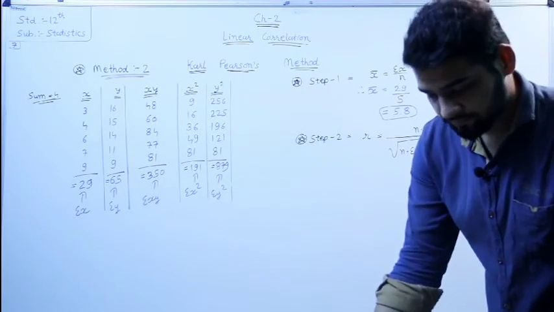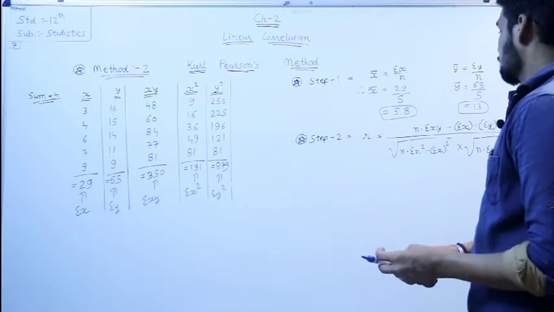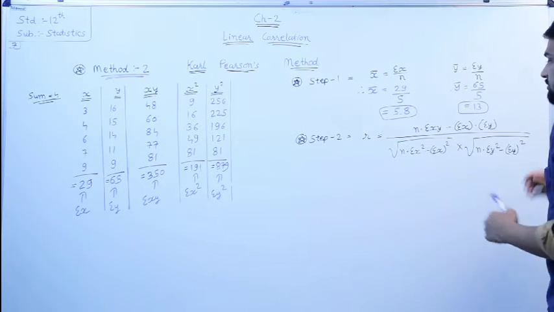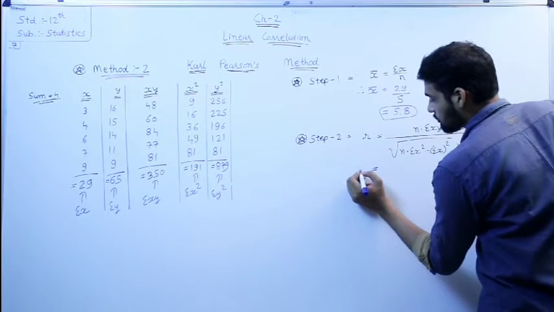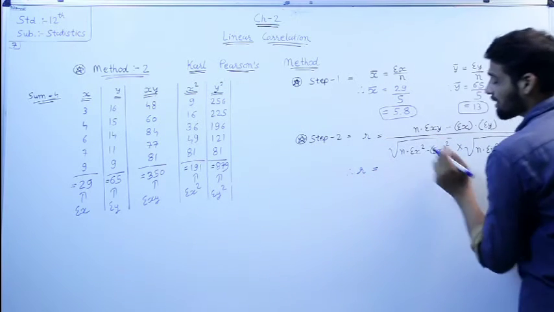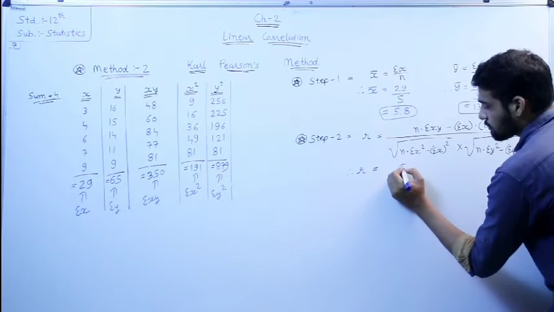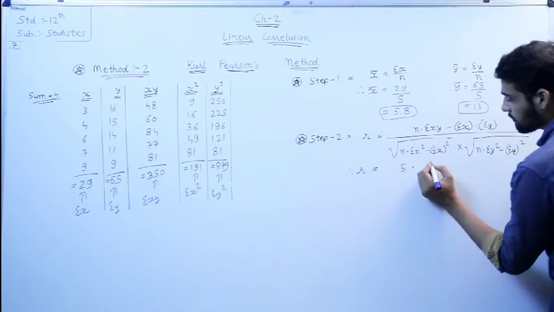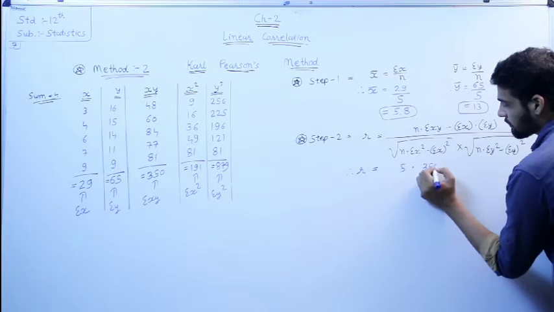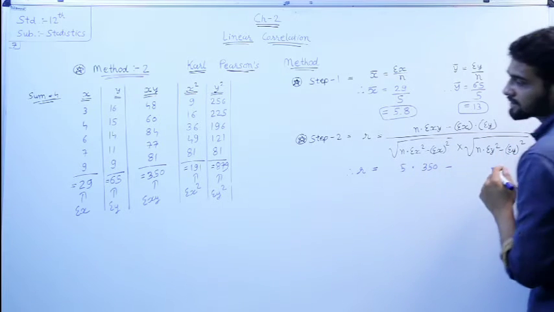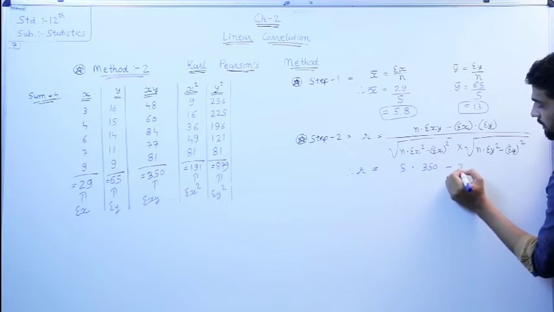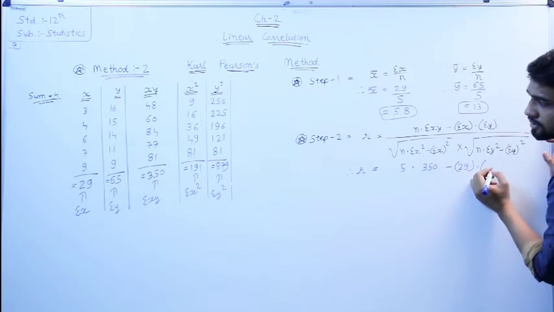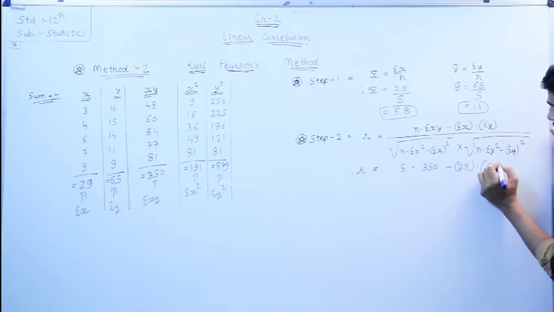Okay students, so now we put the values in this formula. So r is equal to, what is our n? So 5 into sigma xy, which is 350, minus sigma x value 29 into 65.